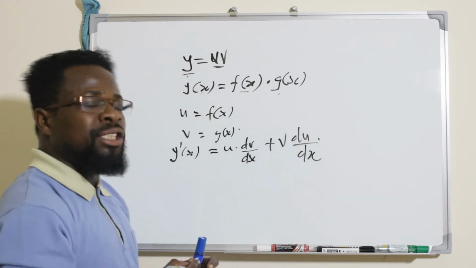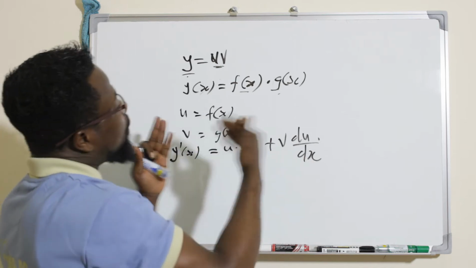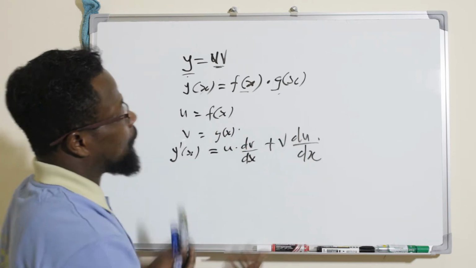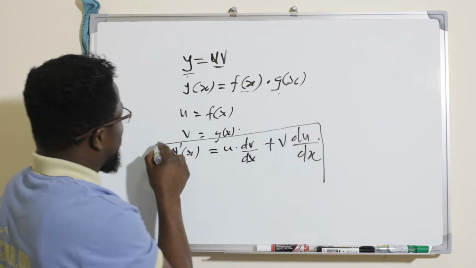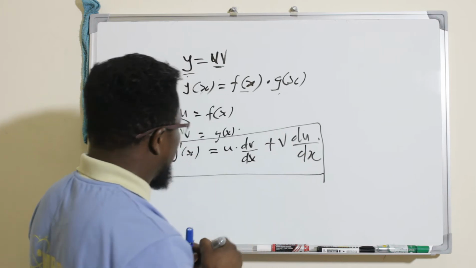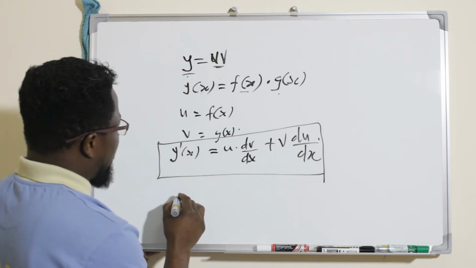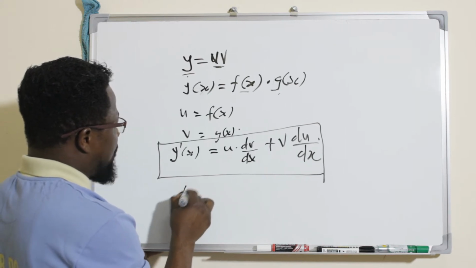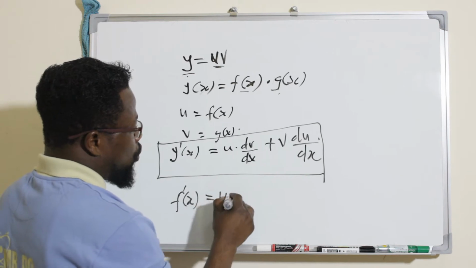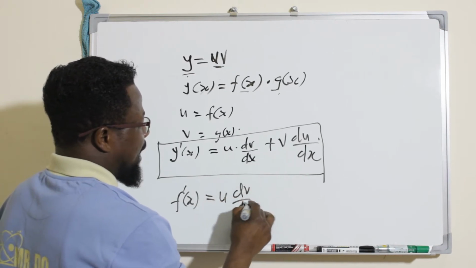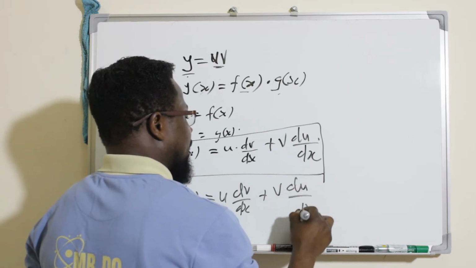Now remember that each of these is a function of x. So this is what we refer to as the product rule. And remember, as I told you in the first video, we can simply write this as f prime of x equals u dv/dx plus v du/dx.